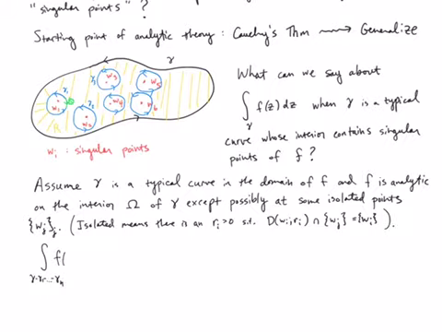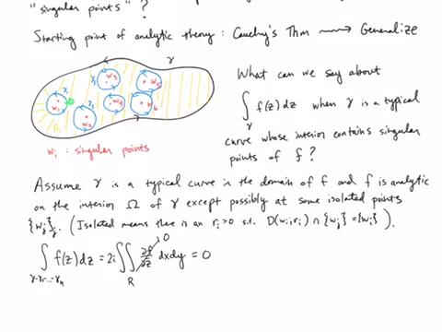The integral of f along that is equal to the double integral over R of 2i times df dz bar. Since our function is analytic away from those points W, which are inside those disks we put in there, this is identically 0.